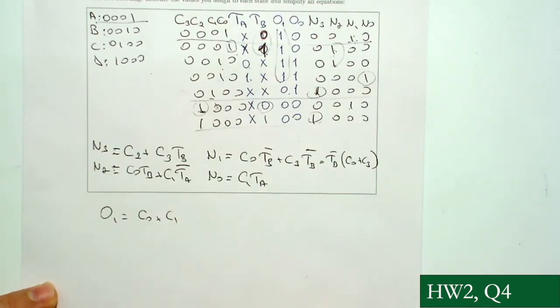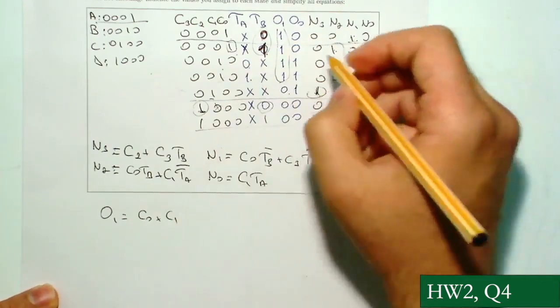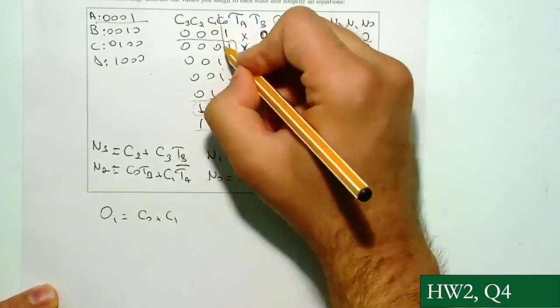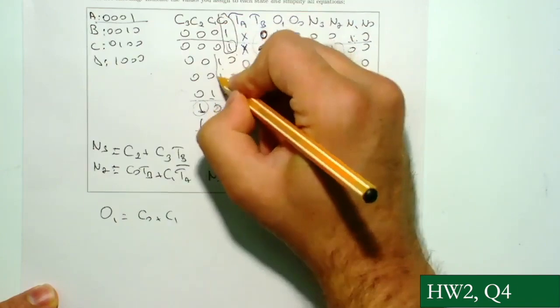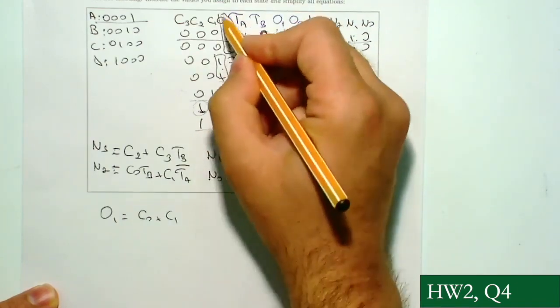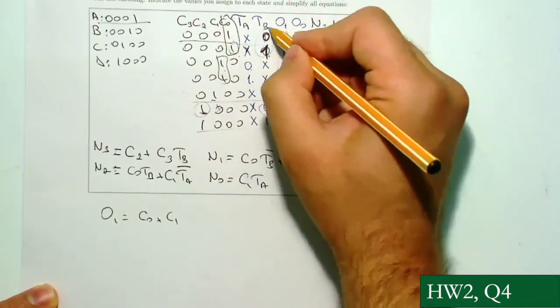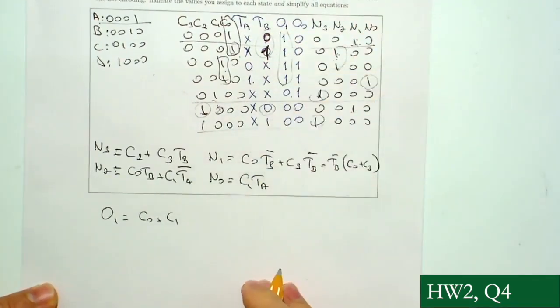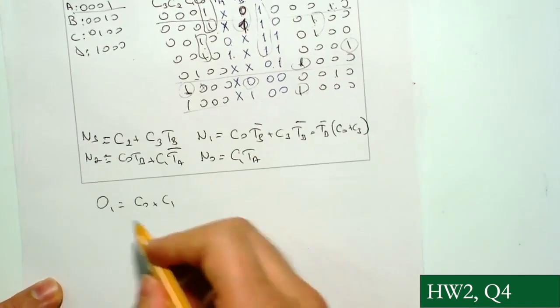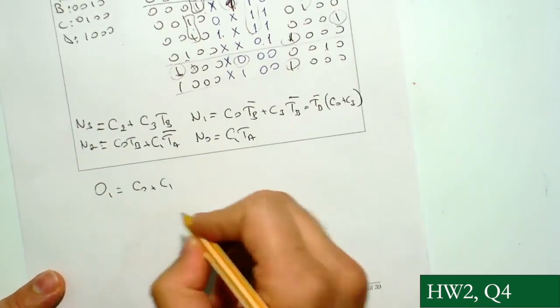Can you see that? So O1 is 1 when either C0 is 1 or C1 is 1, right? And for the C0 rows, the TA is a don't care, and TB also doesn't change the result. It's the same for the TA. So I only have C0 and C1.